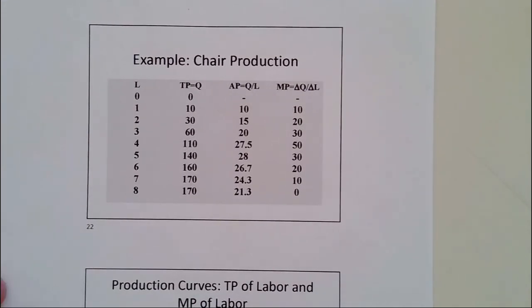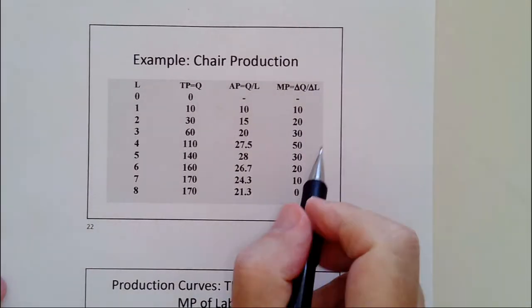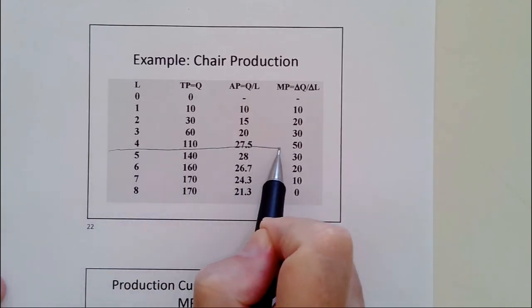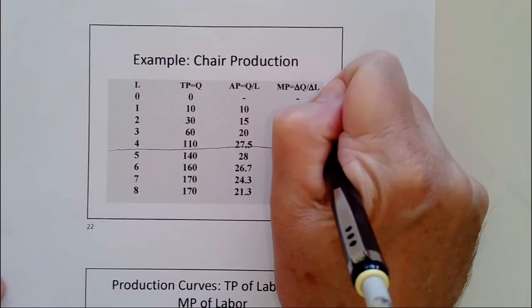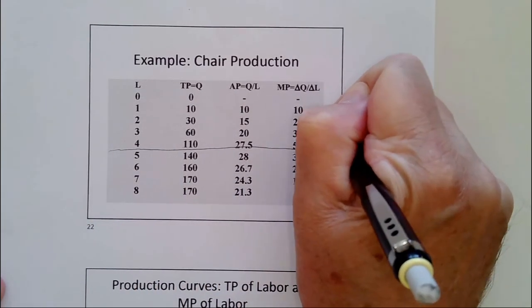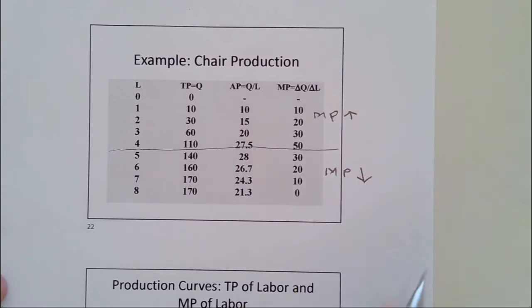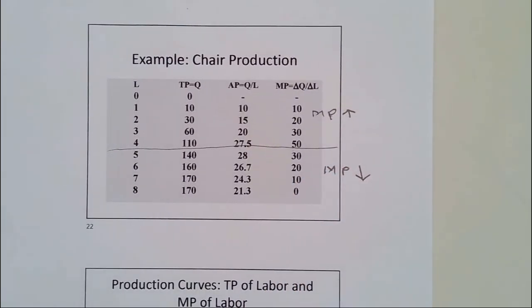Notice that my marginal product is going to rise at first. It's going to hit a maximum right there. So here my marginal product is rising, and here it's falling. Economists divide those two different areas into two different production classifications.